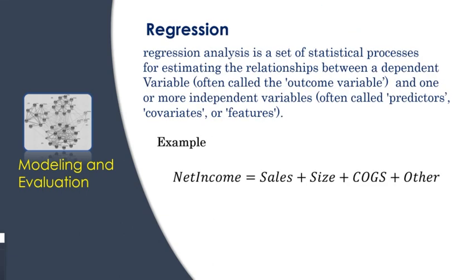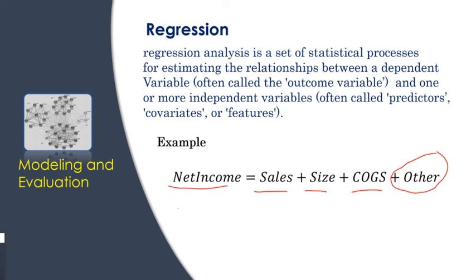And the final one is regression analysis. This is the most important part, used to predict an outcome variable from other variables. For example, here we can see that net income depends on sales, company size, cost of goods sold, and other factors.